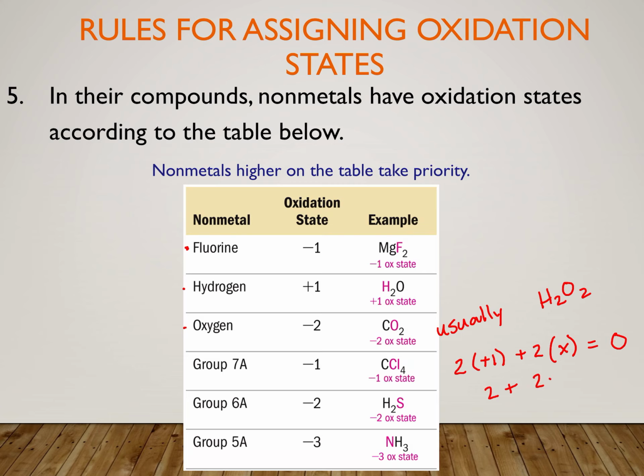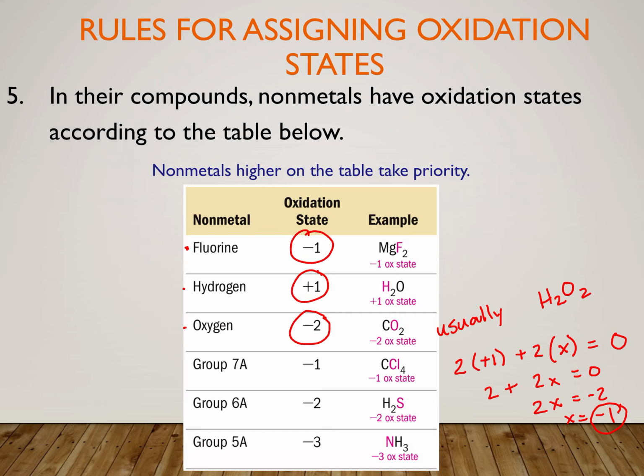So we have 2 + 2x equals 0, then 2x equals -2, so x equals -1. So in hydrogen peroxide, our oxygen has a -1 oxidation state. All other times, though, oxygen is a -2.